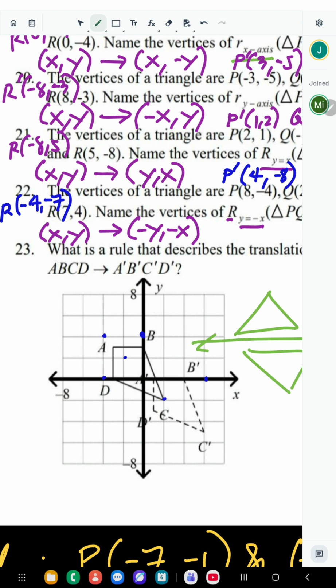By translation, you just move the points. You slide the points. Okay, let's say this is 2, this is 4.